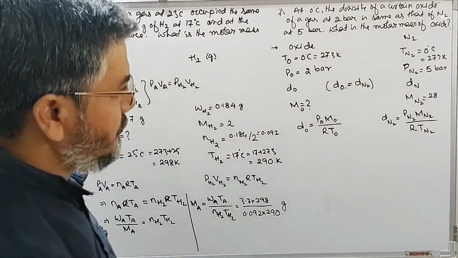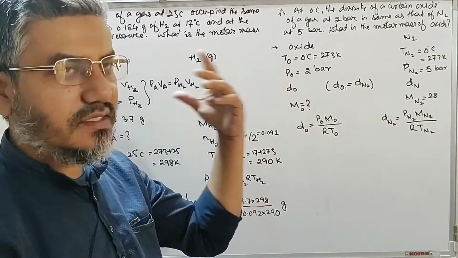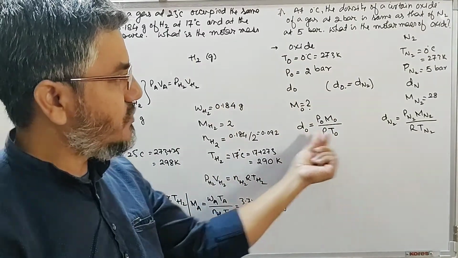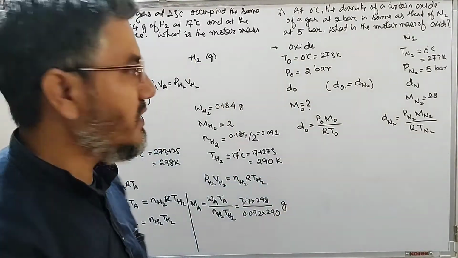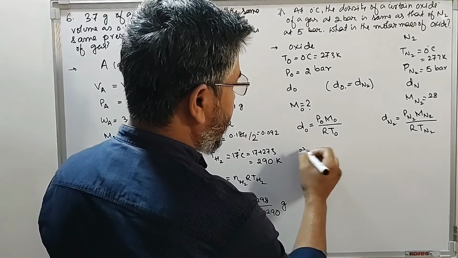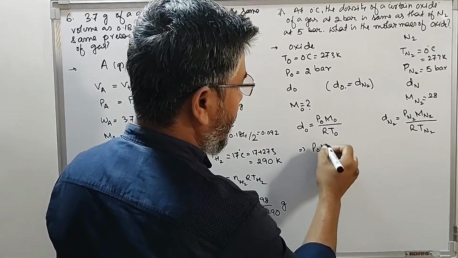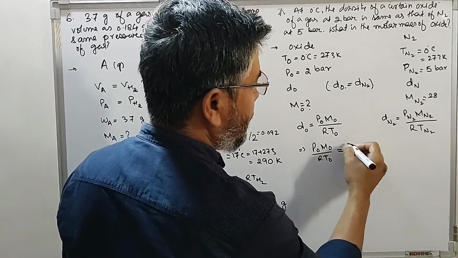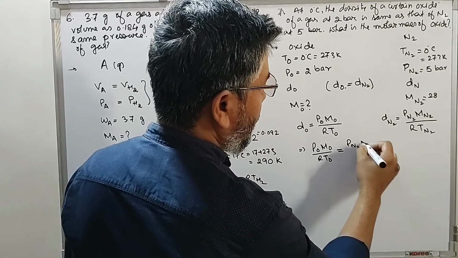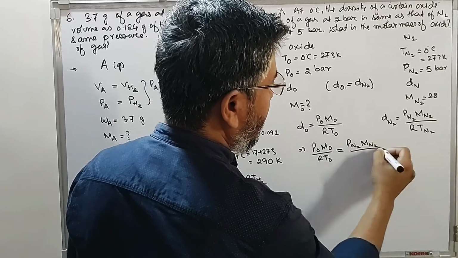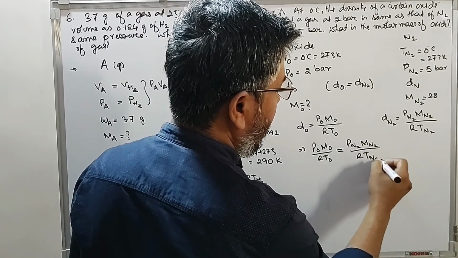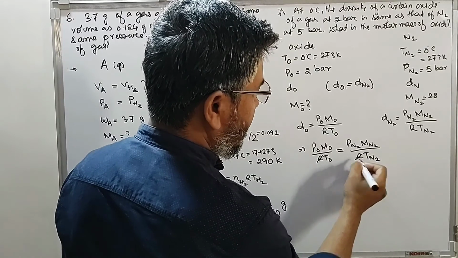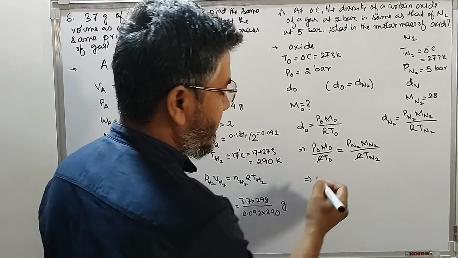Now the question clearly says the densities are the same, so the right hand side should also be the same. So PO MO divided by R TO must be equal to PN2 MN2 divided by R TN2. R will cancel out. We have to find this MO.